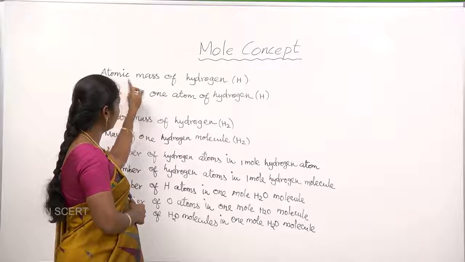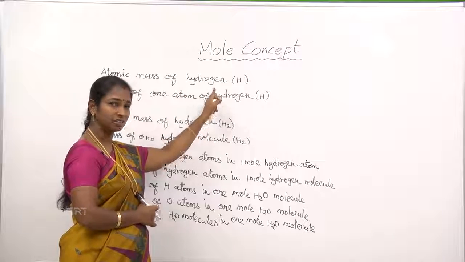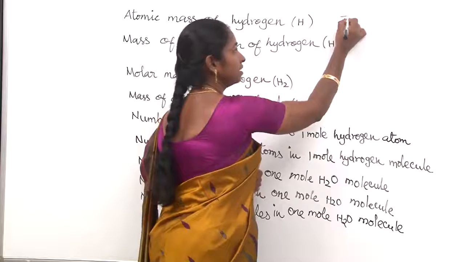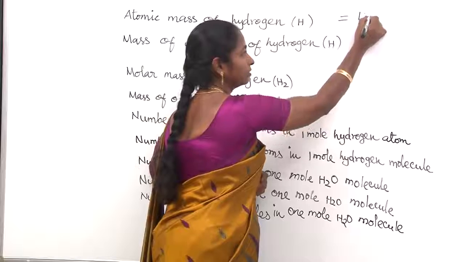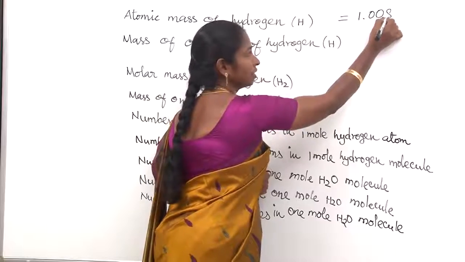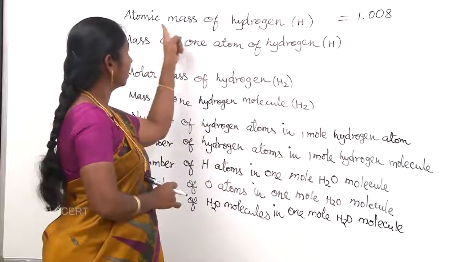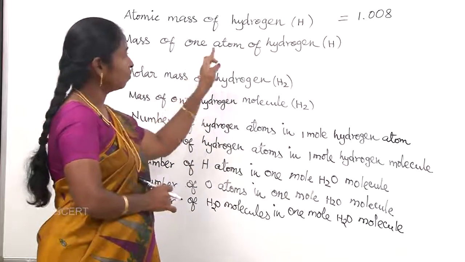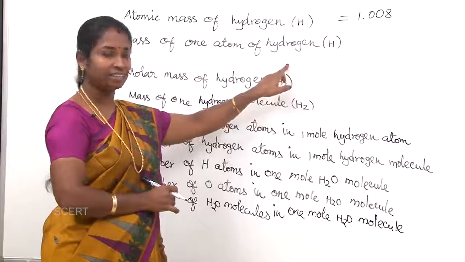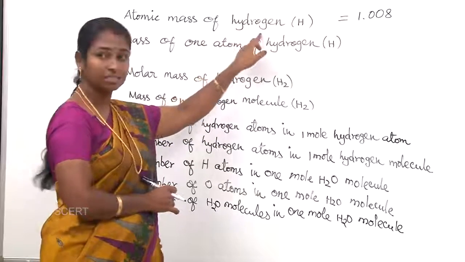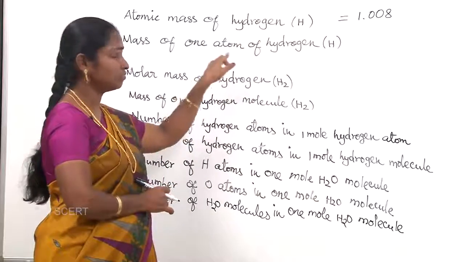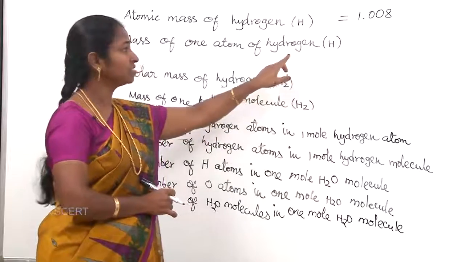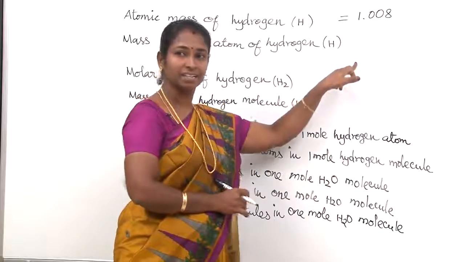Here, atomic mass of hydrogen. You know it already. It is equal to 1.008. This is atomic mass of hydrogen. Mass of one atom of hydrogen. See here, it is atomic mass of hydrogen. This is mass of one atom of hydrogen, which is different from this answer.